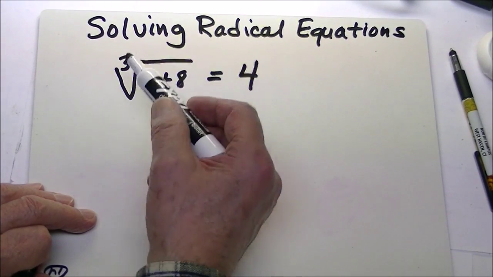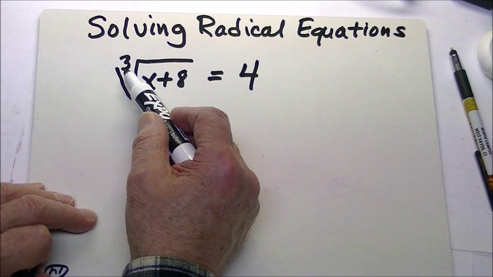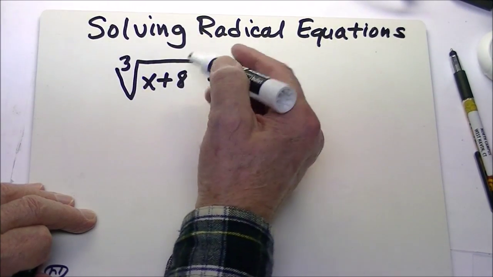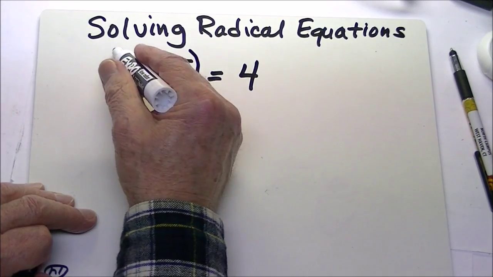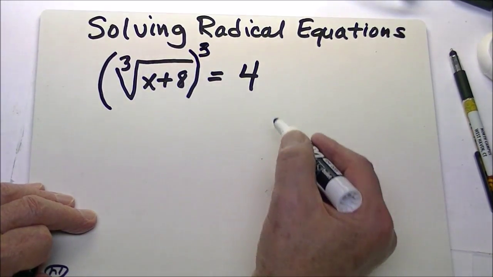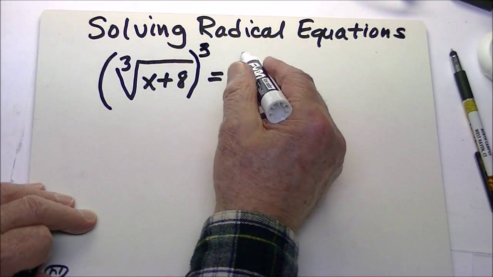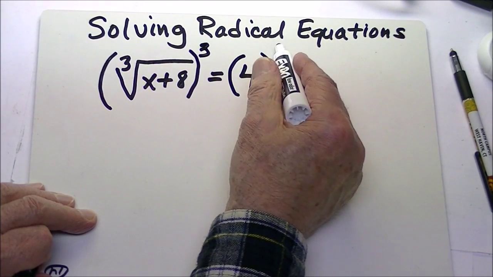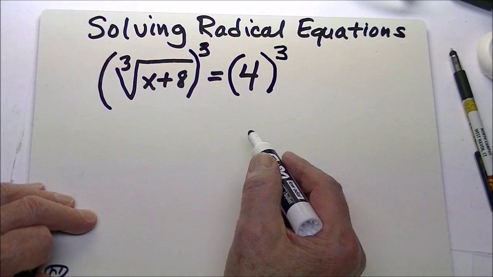And we do so by looking at our index number of the radical sign and then raising this side of the equation to that power. But if we do it to this side, we must do it to this side.